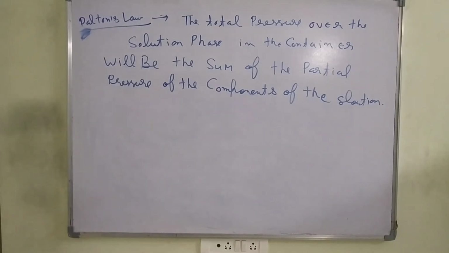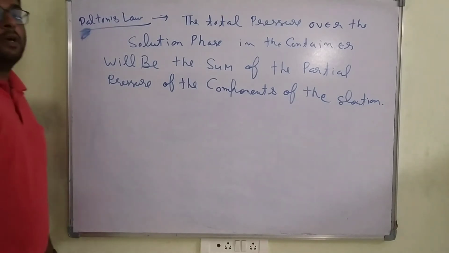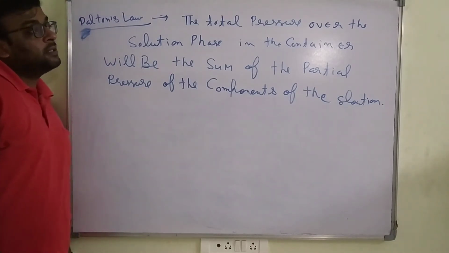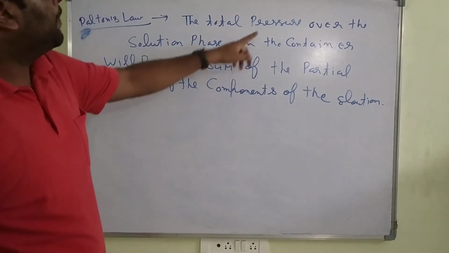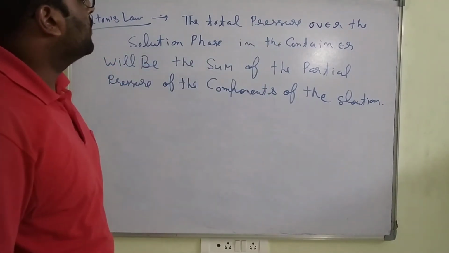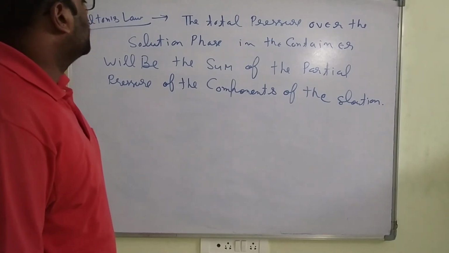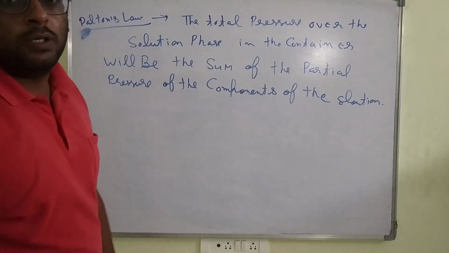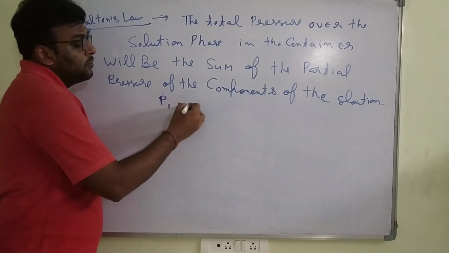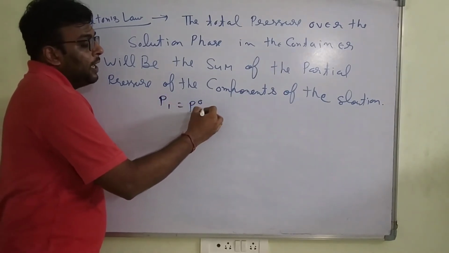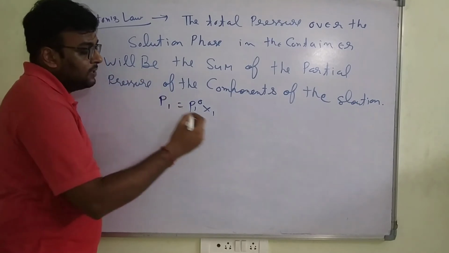Okay, students, Dalton's law of partial pressure, as it applies to gases, also applies to the liquid state. What is the statement? The total pressure over the solution phase in the container will be the sum of the partial pressures of the components. Suppose P1 is equal to P1 naught x1, as we already discussed.